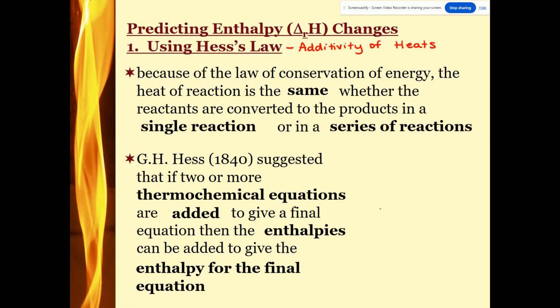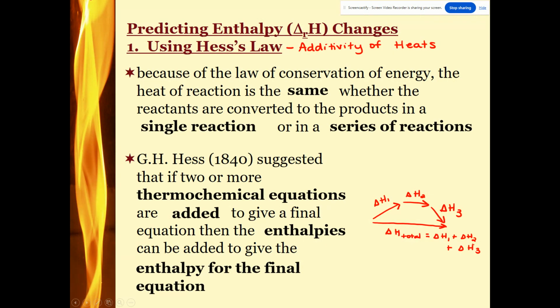So for example, if I have reaction 1, I have a delta H for reaction 1, and then I have another reaction step, we call that delta H2, and then another reaction step, let's say reaction 3. I can find the overall delta H of the net change that the three are going through by adding them together. So I can add my energy of reaction 1, my energy of reaction 2, and if there's a third or more, we can add them all together.